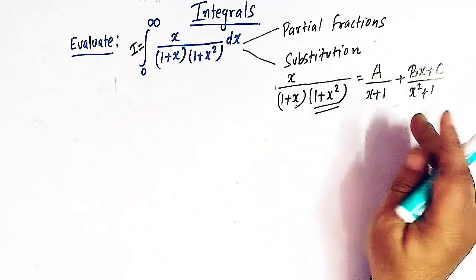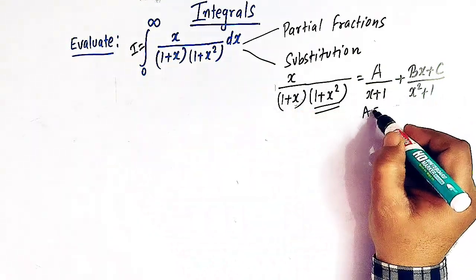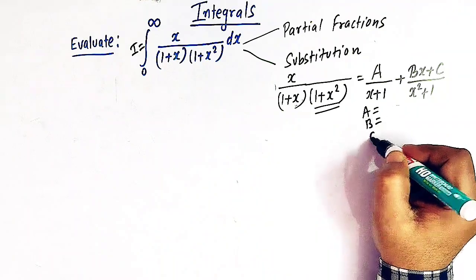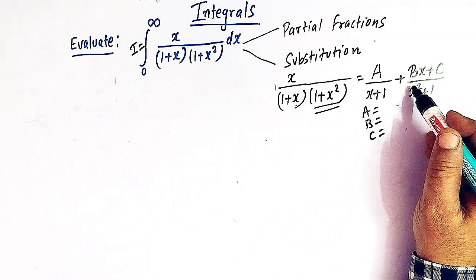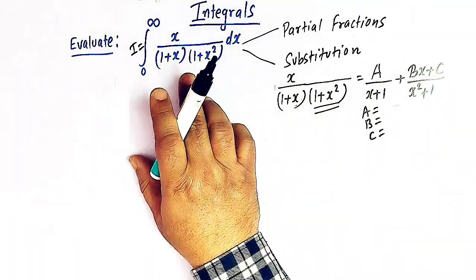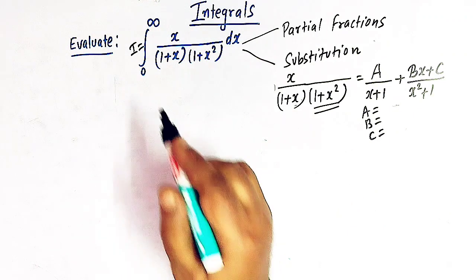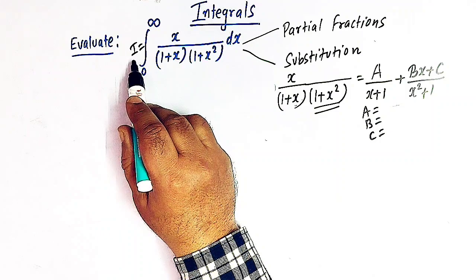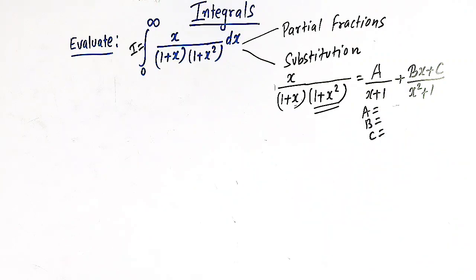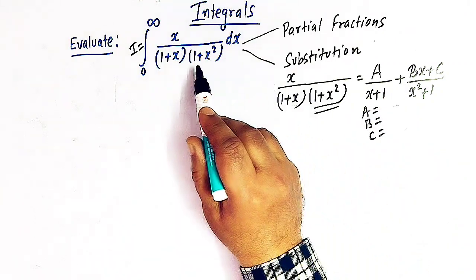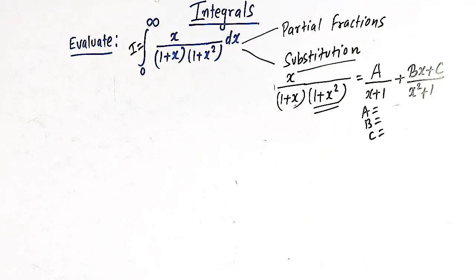So we can resolve this integrand into partial fractions, find the values of A, B, C, then by the usual method of integration find the integral, and then by applying the limits find the value of this integral. But here we are not going to use the method of partial fractions. Here we are going to use the method of substitution. So let us start.